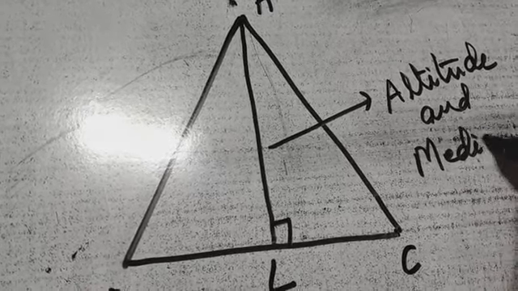So this was about altitude and median. Next we are going to do the exterior angles of a triangle and its property. Okay, so we'll start off. See, an exterior angle is the angle which is on the exterior part of the triangle.